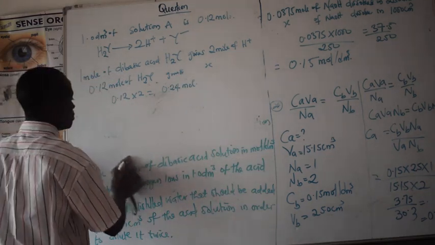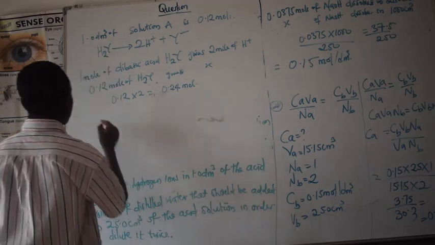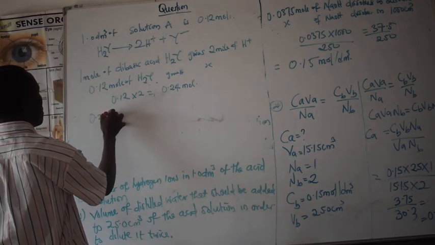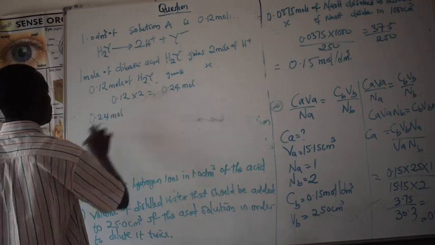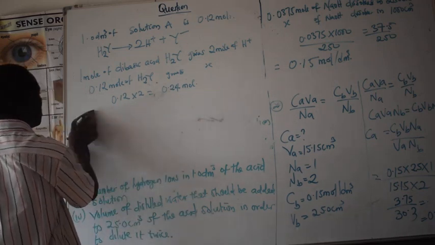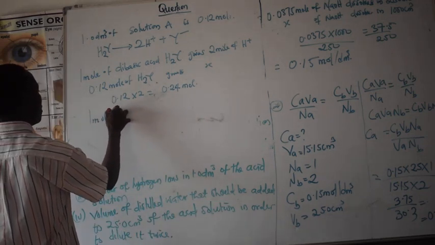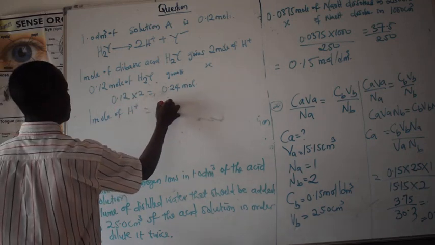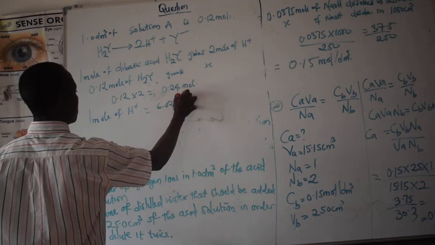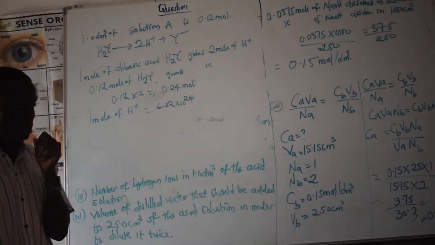So we are still continuing this. It means that we have 0.24 mole. And don't forget that 1 mole of hydrogen ion is equal to 6.02 times 10 to the power 23, that is the Avogadro constant.